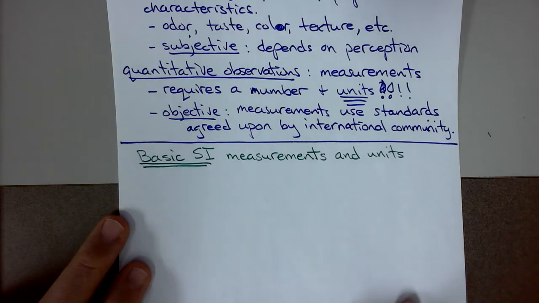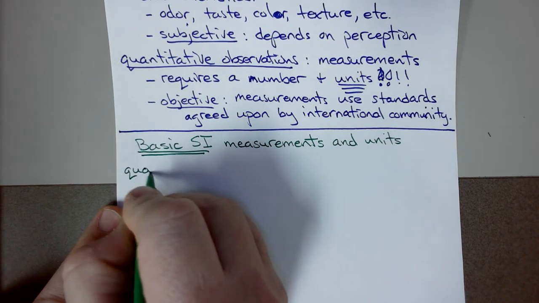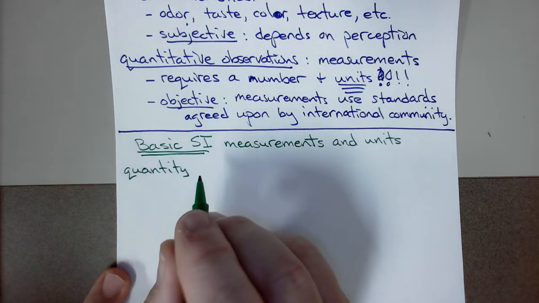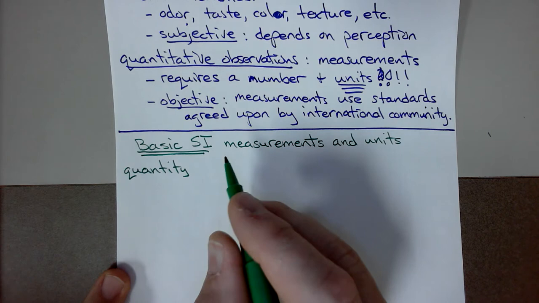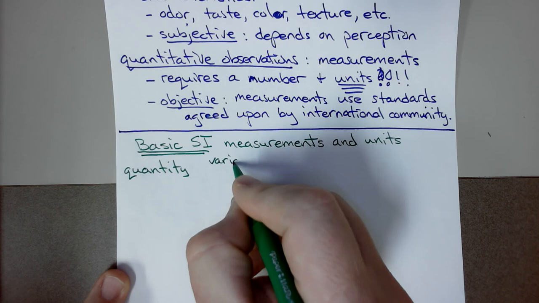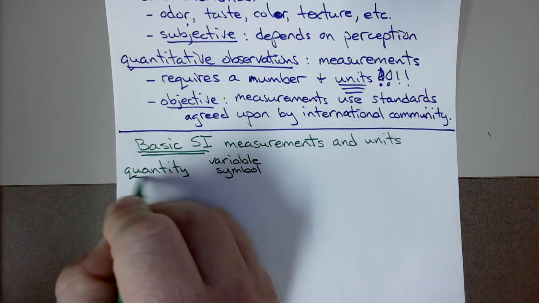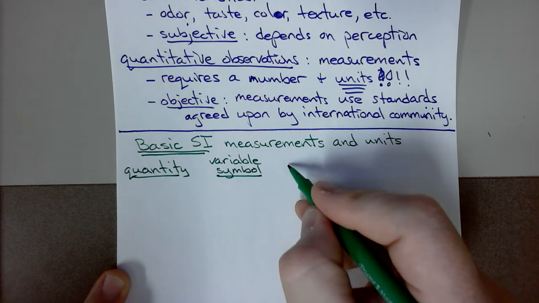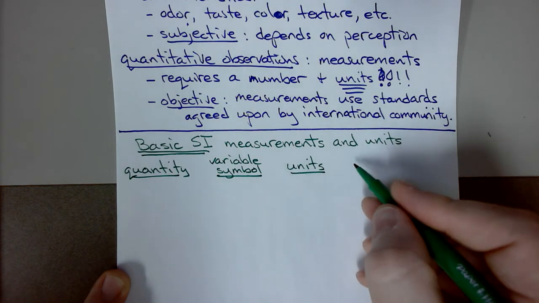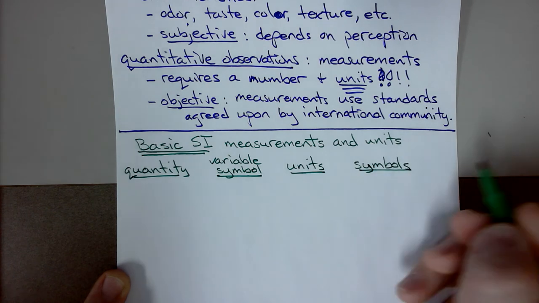So let's make a table here because we're going to discuss quantity, what the quantity measured is. We're going to look at, if we have a quantity, what variable do we use, or the symbol, the variable symbol in an equation. Quantity, variable symbol. What are the units of that quantity? And what are the symbols for those units?